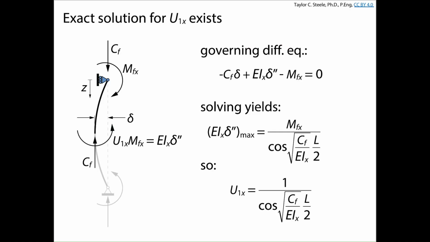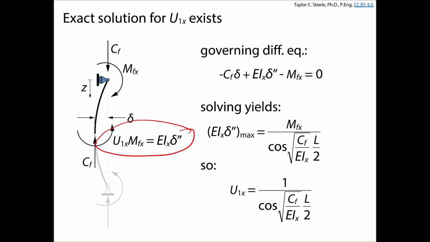If we solve that differential equation, we get that the maximum moment at mid-span is the applied moment, the uniform moment in the section, divided by the cosine of the square root of CF over EIX times L over 2. I'm skipping all the math there to show you what the maximum moment is.